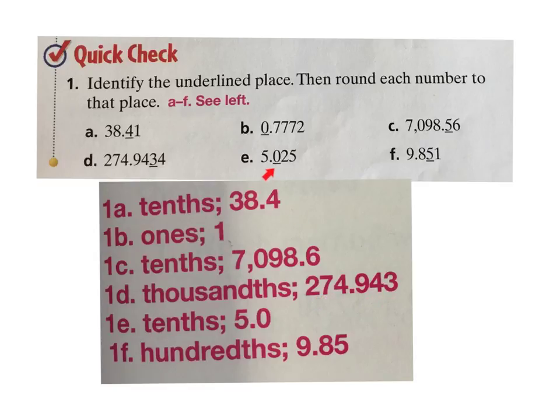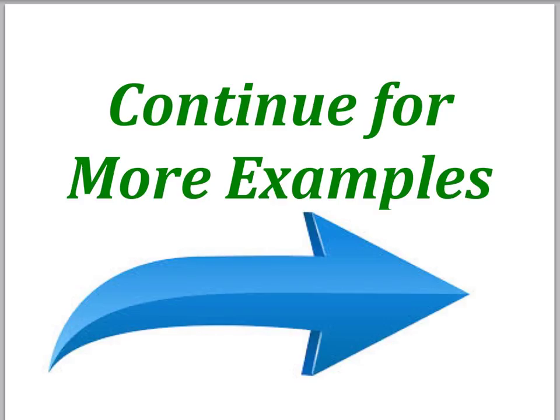E, this is the tenths place, so look after it. It is a 2, definitely not 5 or more, so you leave it alone, so 5.0, or just 5 in this case. And F, this is the hundredths place, and after it is a 1, which is not 5 or more, so you leave it at 5, so 9.85. Again, just a quick review of those for you. Go ahead and continue. You have another example from me.